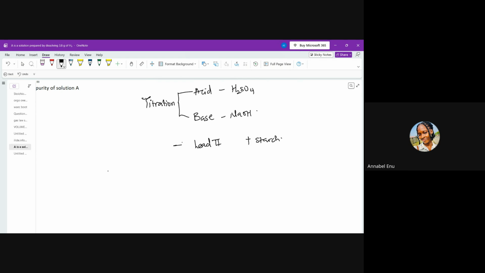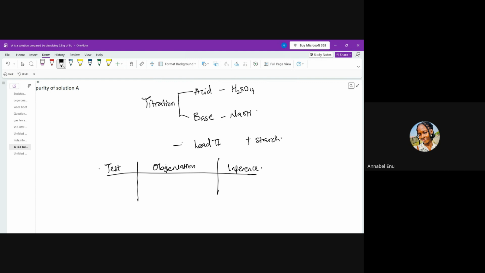Okay, all this while we've been talking about quantitative volumetric analysis. We'll talk about titration. Now there's the qualitative one, the other one, where you make use of a test where you'll be given some instructions, and then you have your observation, and then you have your conclusion or inference rather.